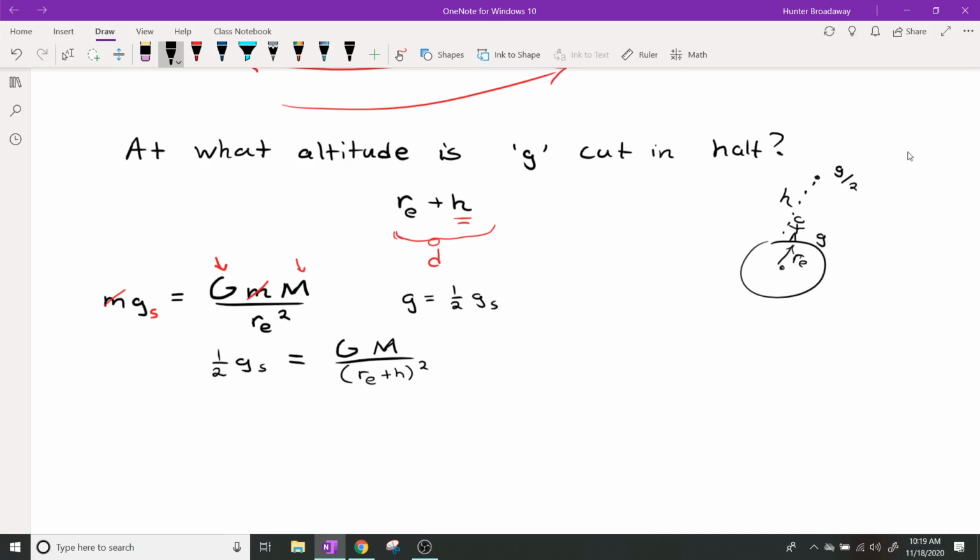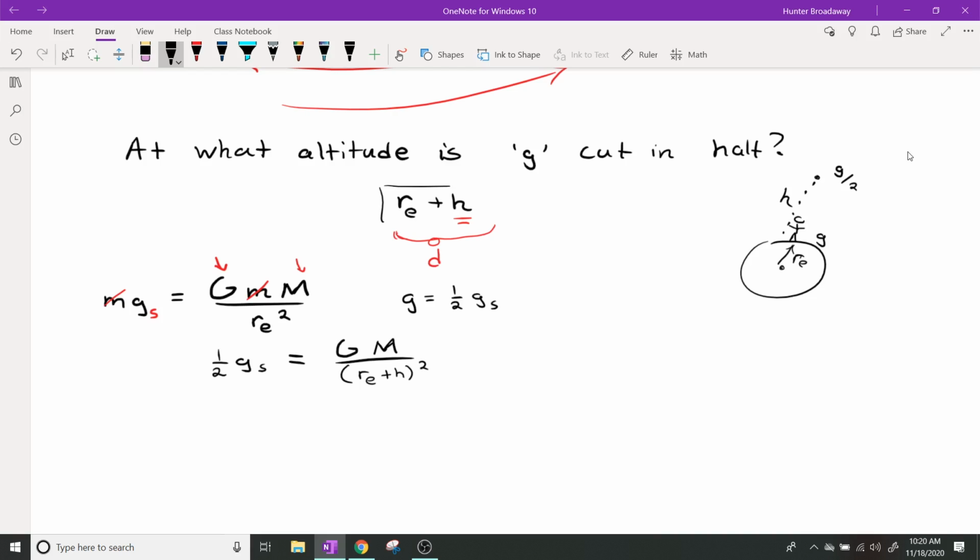Then all we're going to need to do now is solve for the height. Oh no, why is that H down there in the bottom? This is scary. Well, we have to, because isn't this GM over D squared?